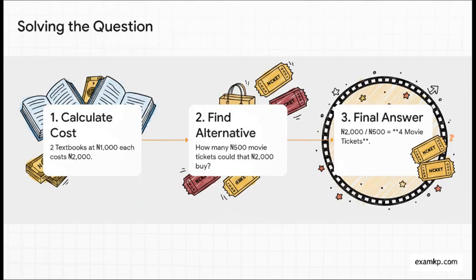Now, what was given up? The question asked for the opportunity cost in terms of movie tickets. So with that 2,000 naira, how many movie tickets could the student have bought? We just divide 2,000 naira by the price of a ticket, which is 500 naira, and that gives us 4. So the opportunity cost of buying 2 textbooks is 4 movie tickets. See? Not so bad. Phew!